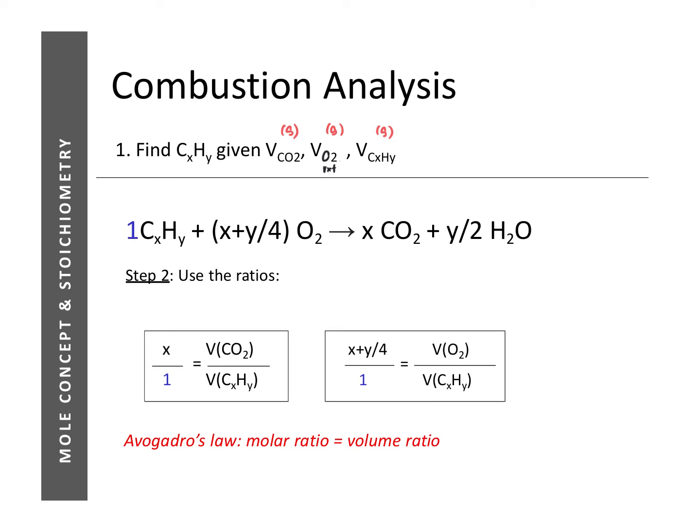We have learned in O-levels that, as stated by Avogadro's relation, for reacting gases, the mole ratio is equal to the volume ratio. So for example, if we compare this x plus y/4 to the mole ratio of the hydrocarbon, it will be equal to the volume ratio as given in the question.